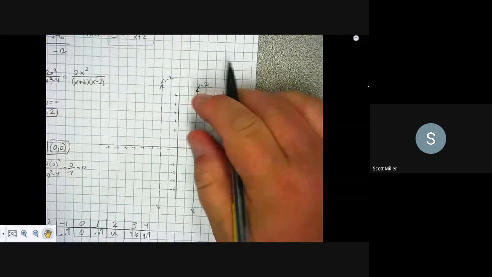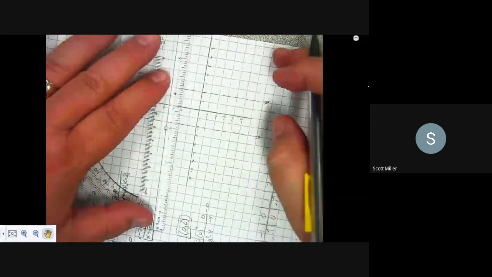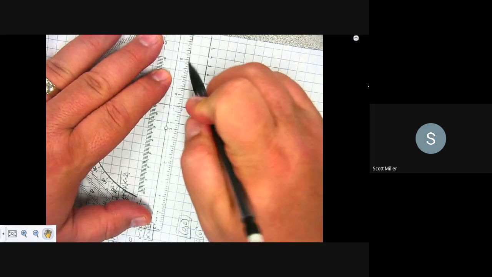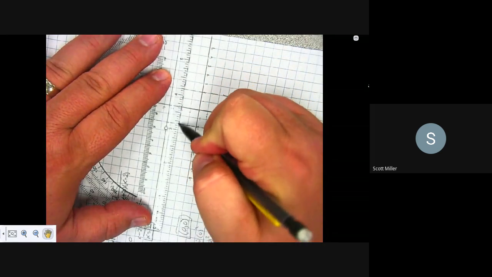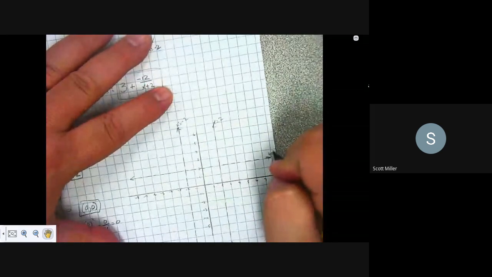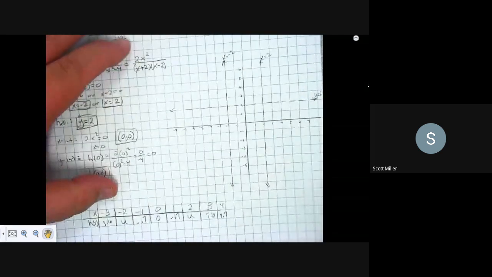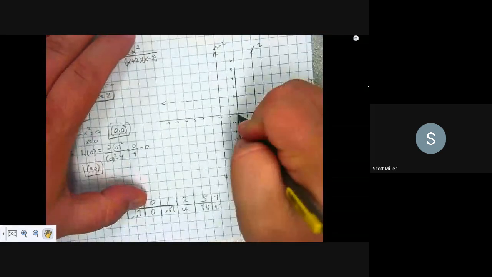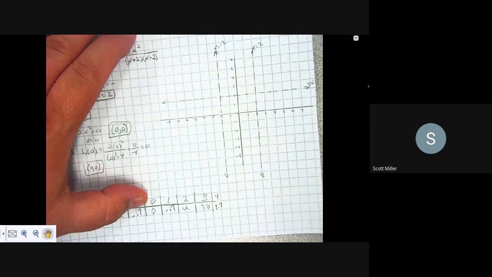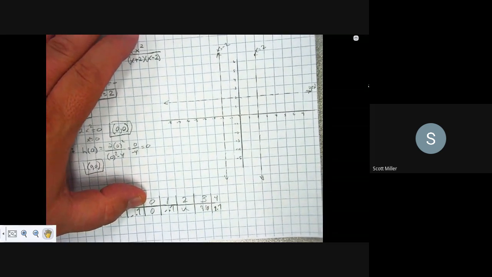I have a horizontal asymptote at 2. So we draw that one. And we label that y equals 2. We have a dot at 0, 0 as my x and y intercepts. And we can plug in the rest of these dots.